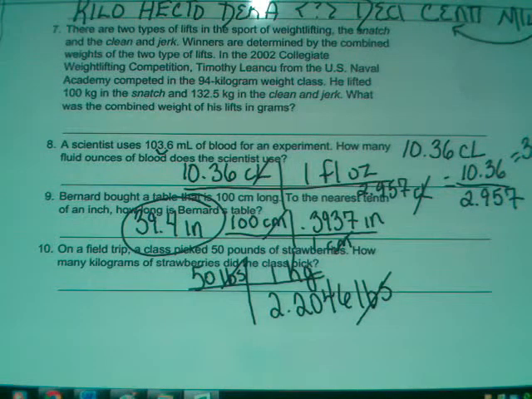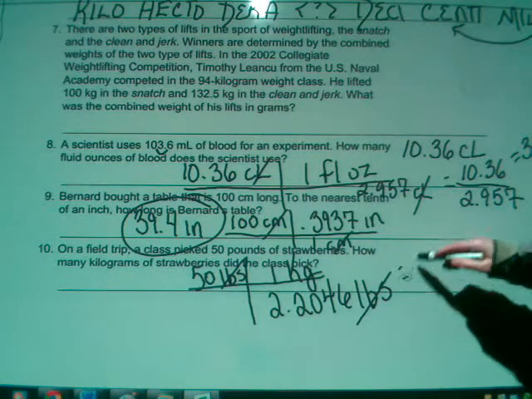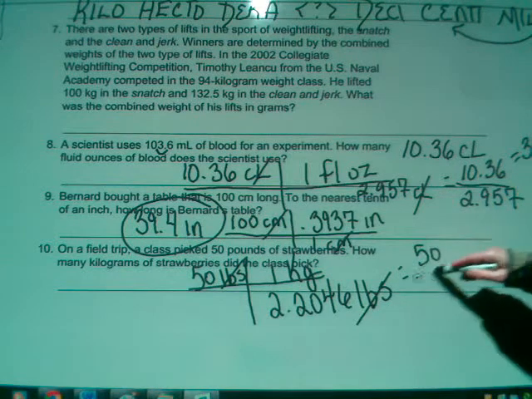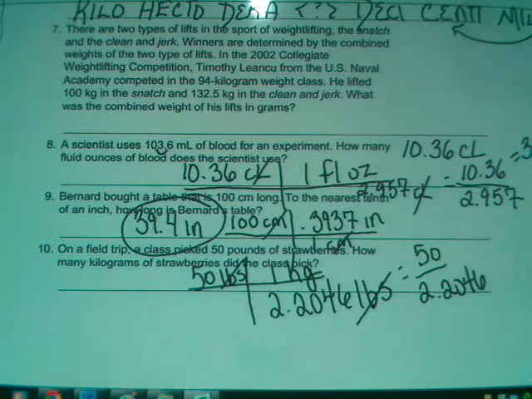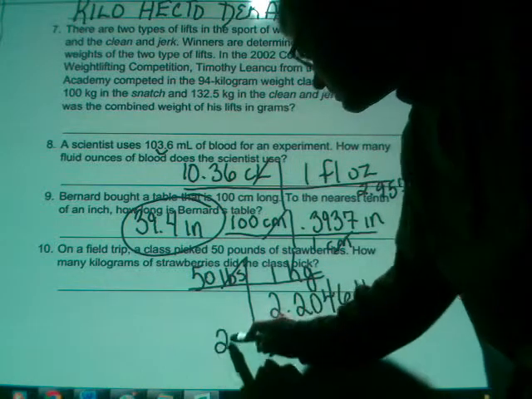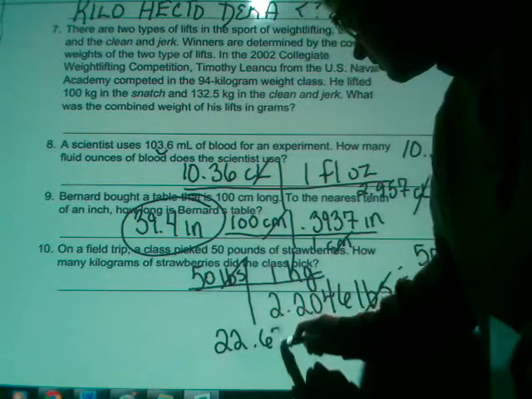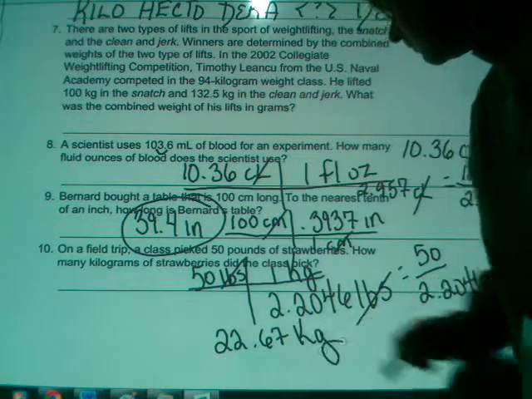So on the top, I've got 50 times 1, which is 50. On the bottom, I've just got 2.2046. And obviously, this is a great calculator question now. Good time to divide. 50 divided by 2.2046, and that's going to give me 22.67 kilograms. Final answer.